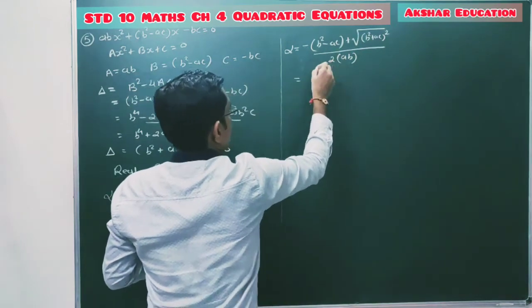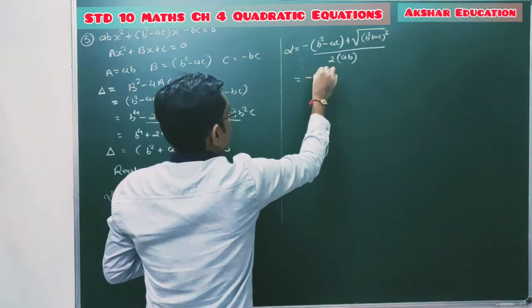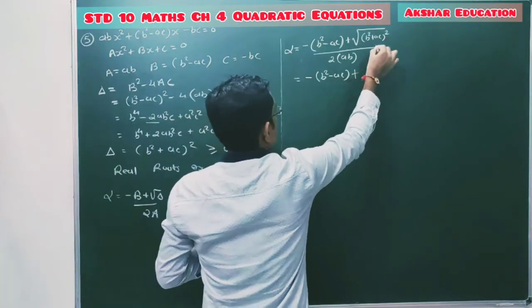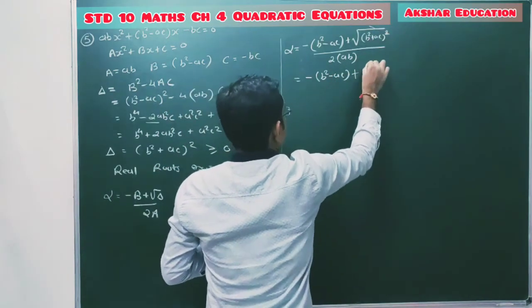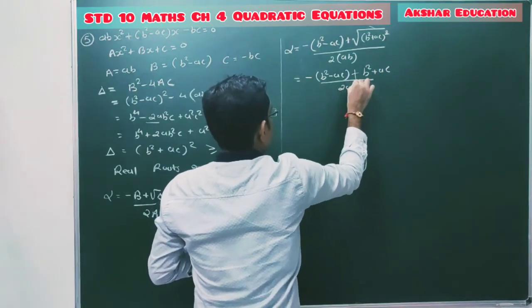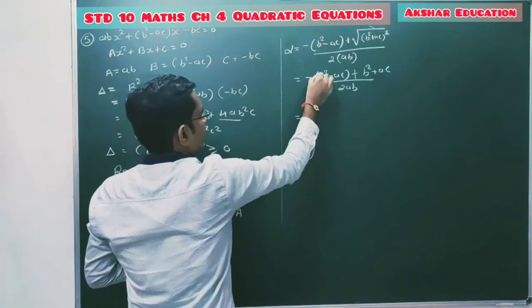So this is equal to minus b square minus AC plus this square root will be cut. So it is b square plus AC divided by 2AB.